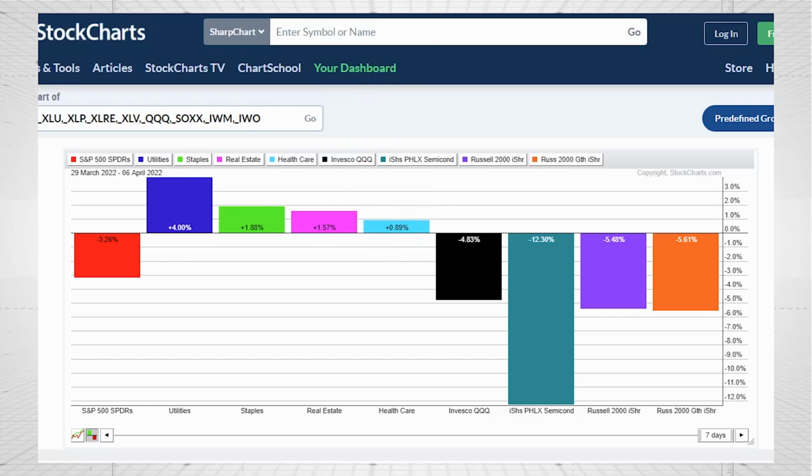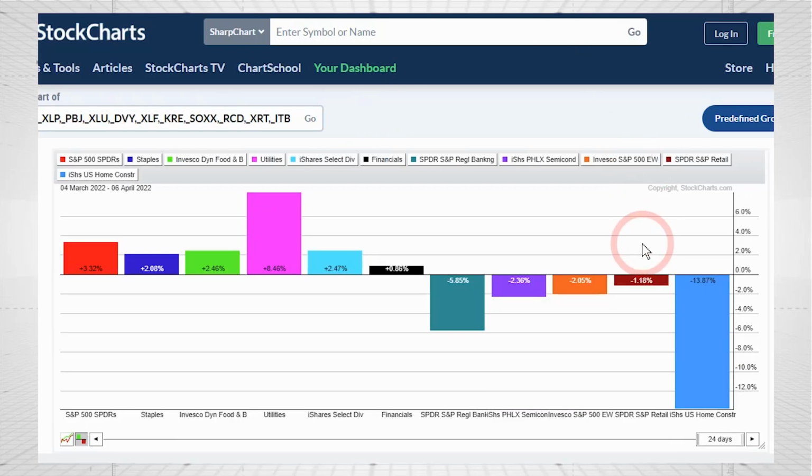Now, here's a perf chart I showed in my commentary on Tuesday, and it's basically looking at these defensive groups, and then the key groups that are lagging in the stock market. This is going for 1 month, and you can see the defensive groups are up, financials are up but lagging, and then we get regional banks down 6%.